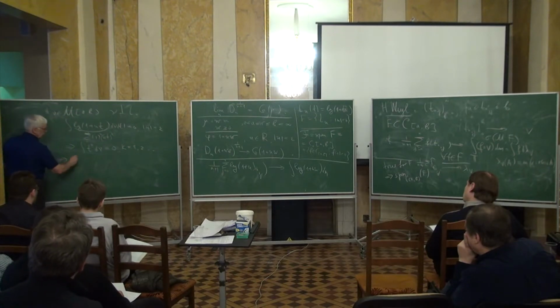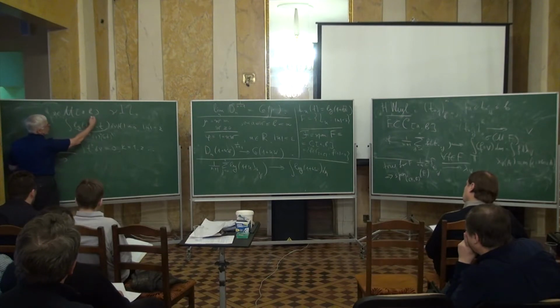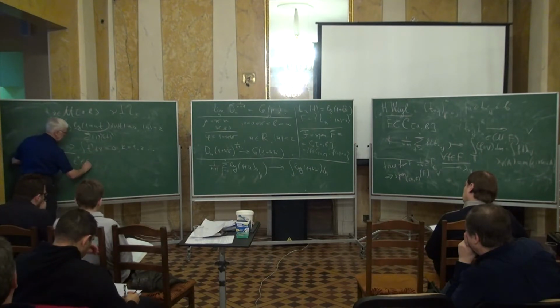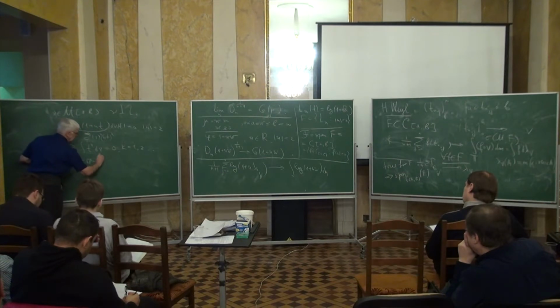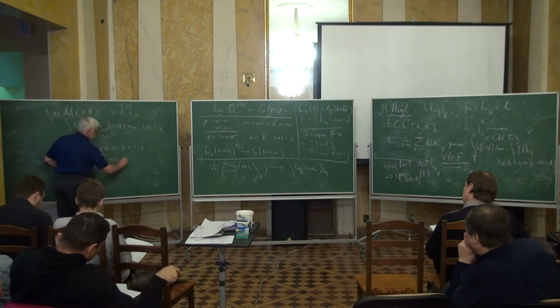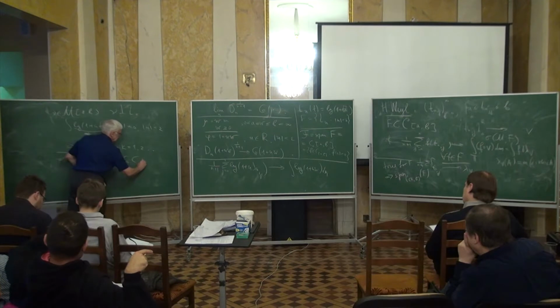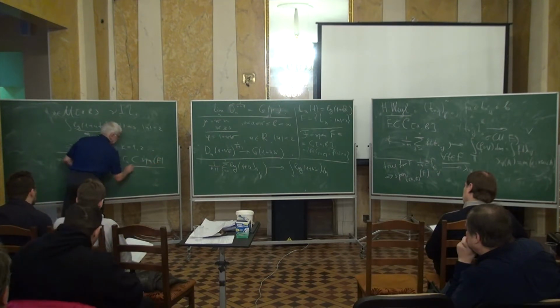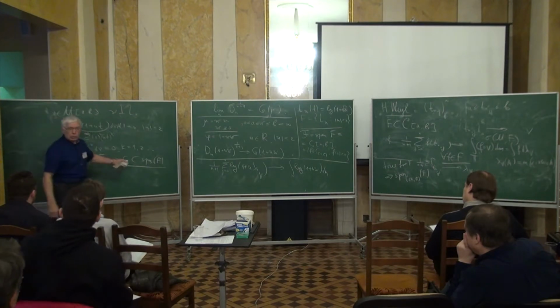So we obtain from Hahn-Banach that every measure which is orthogonal to all Lu is orthogonal also to t to the k. So t to the k is in the span of capital F, and so C naught is in the span in view of the Weierstrass theorem, and vice versa, of course.